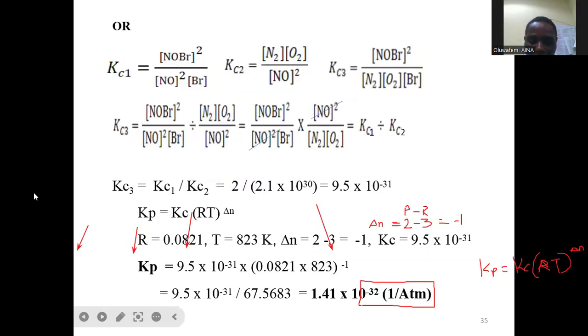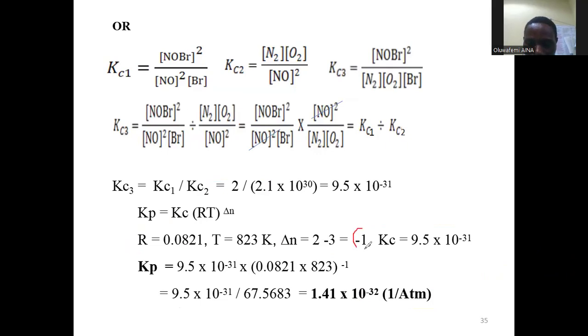So now you understand how we got this minus 1, and it is this minus 1 you are going to put in your formula here. So at least now it's clear to everyone how you got your minus 1 as the value for change in N. And when you carefully substitute all this value into your formula, you're going to get 1.41 times 10 raised to the power minus 32.